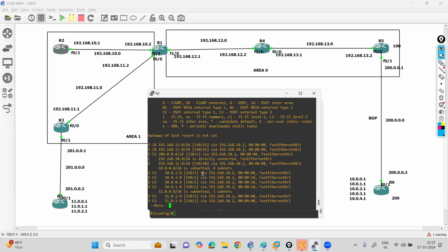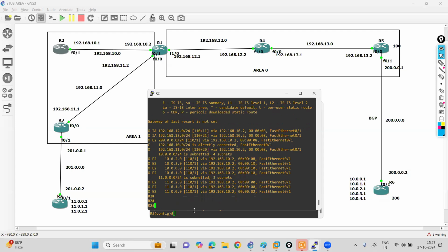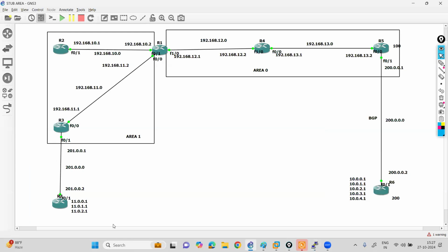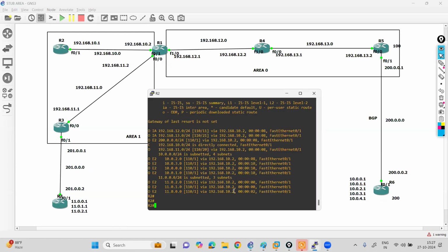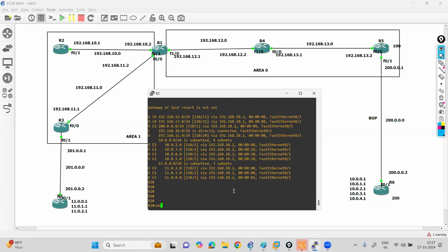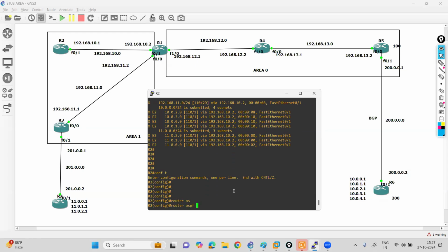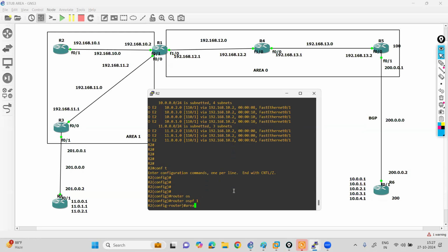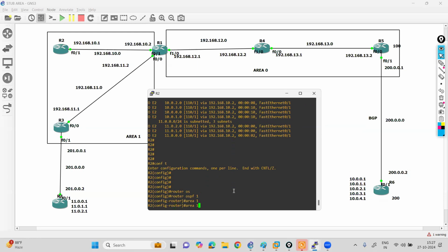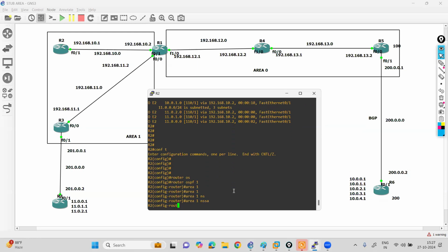Now the table will be really bigger, right? All the routes are available here, from this side and this side. Now we will do the configuration of the next one. Router OSPF 1, area 1, NSSA.